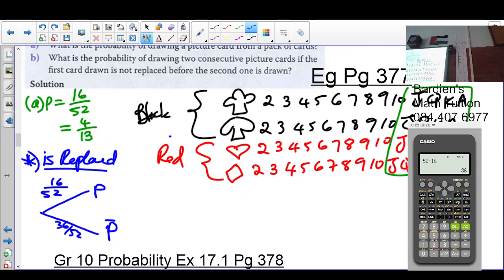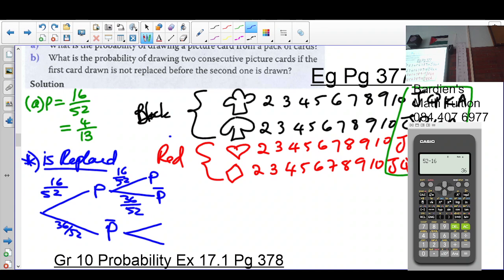Now, if that card is replaced, which means to say it is put back into the pack of cards, shuffled again, then what is the chance of me drawing a picture card on the second draw? 16 out of 52. And non-picture, 36 out of 52.